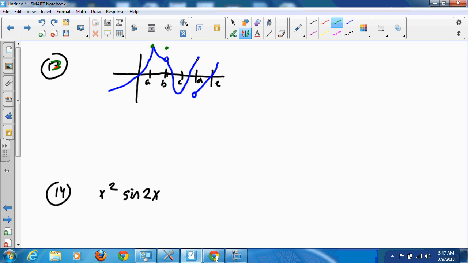At D, it has a limit from the left and a limit from the right, and they're not matching. So definitely this one isn't continuous, and that's obvious. And at E, it's continuous, and you can take the derivative there. So let's see what the question's asking us.